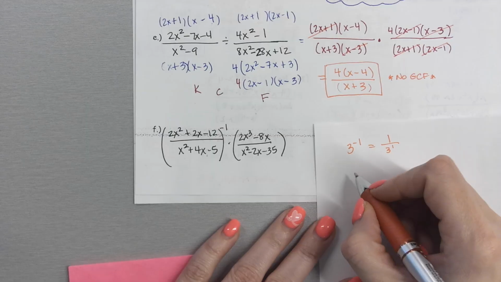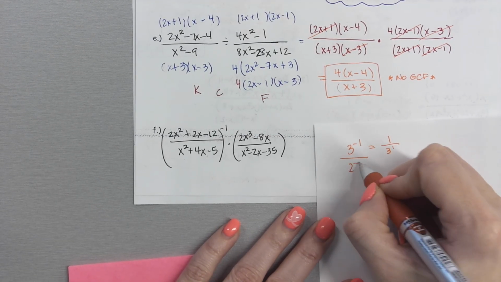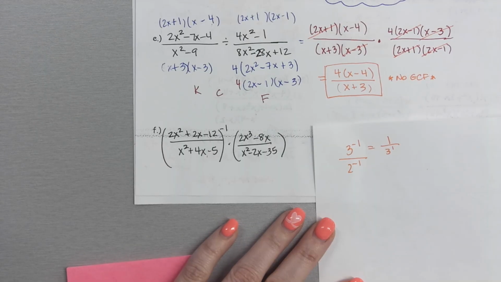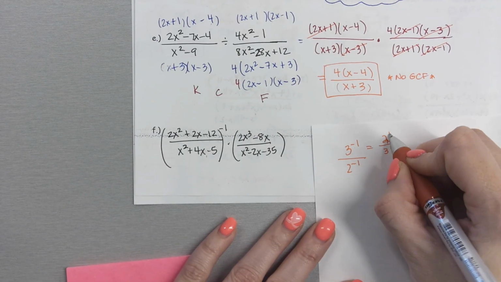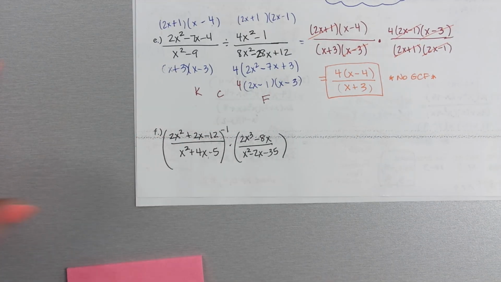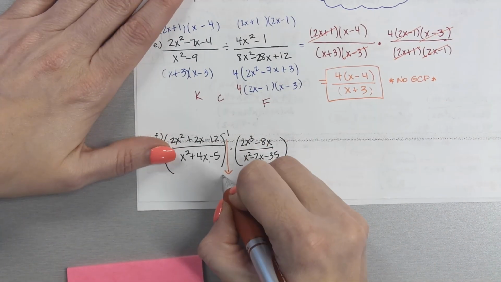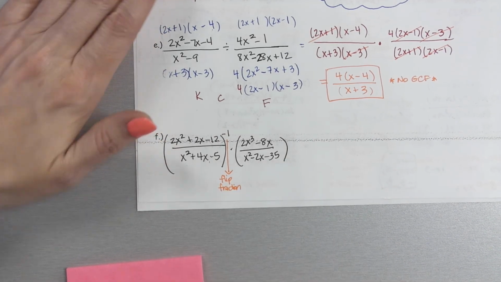If you have a fraction, then you would just move each one to the separate places. If you have a negative, it goes to the top. If you have that, it goes to the bottom. Okay, so that negative 1 exponent means that you are going to flip the fraction.